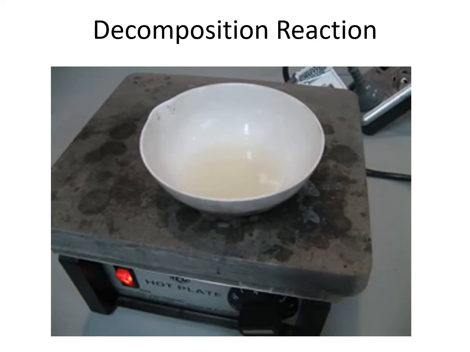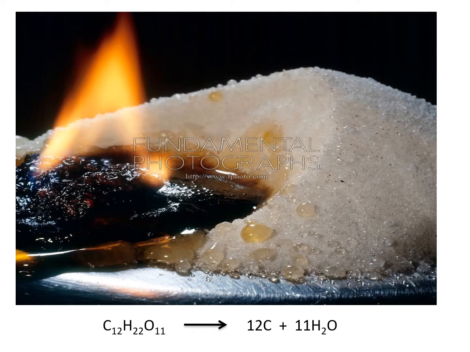In the first example, we have taken sugar in an evaporating dish and we are heating it with the help of a burner. After some time, you will see the formation of a burnt black substance.